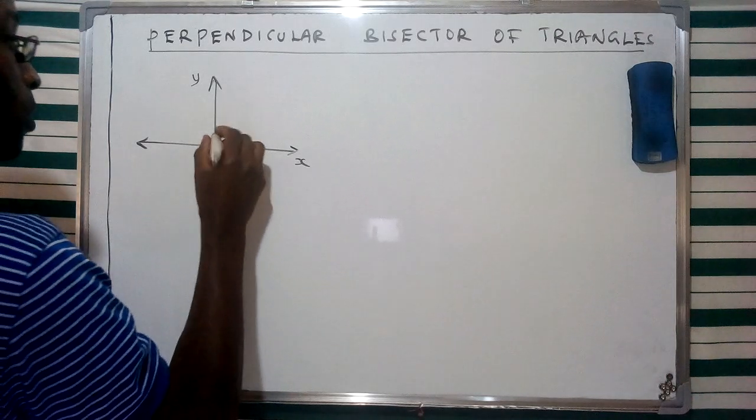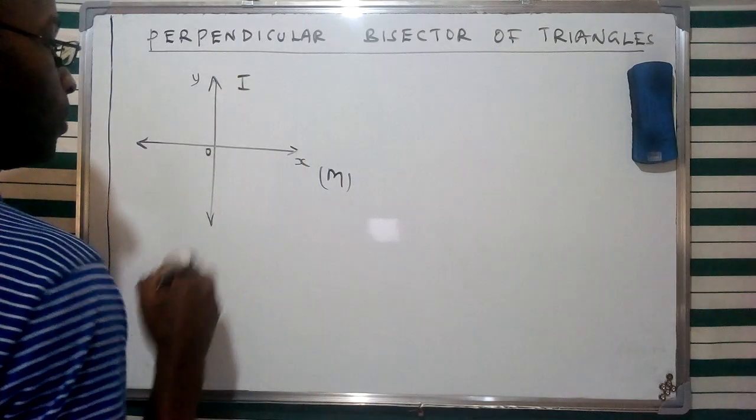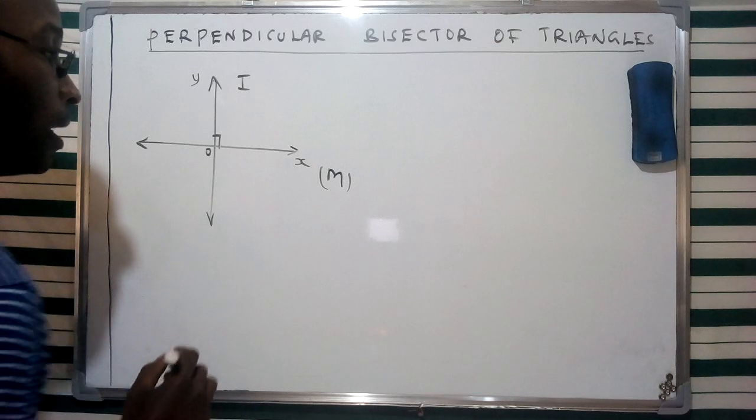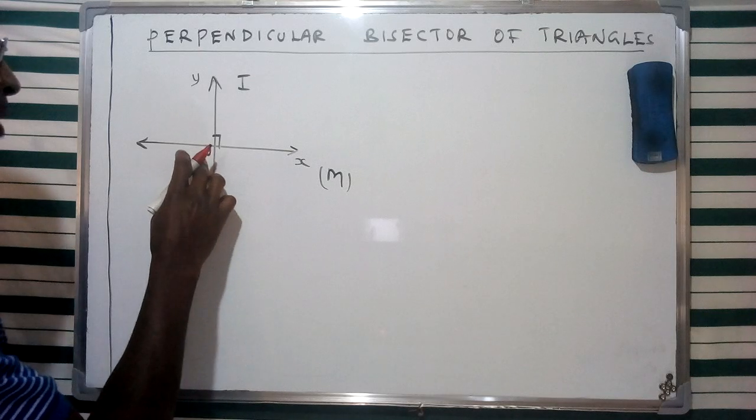We can describe these specific lines as line M and I, and we say that lines M and I are going to be referred to as perpendicular lines if this specific point, or the vertex, is going to form an angle.